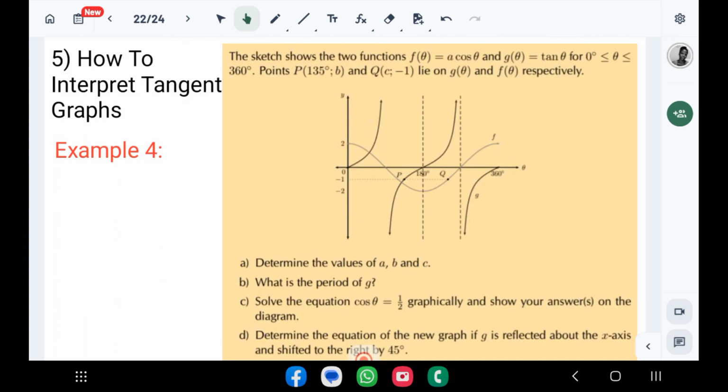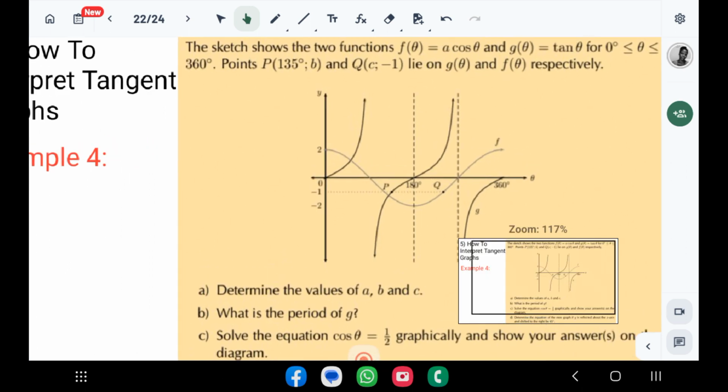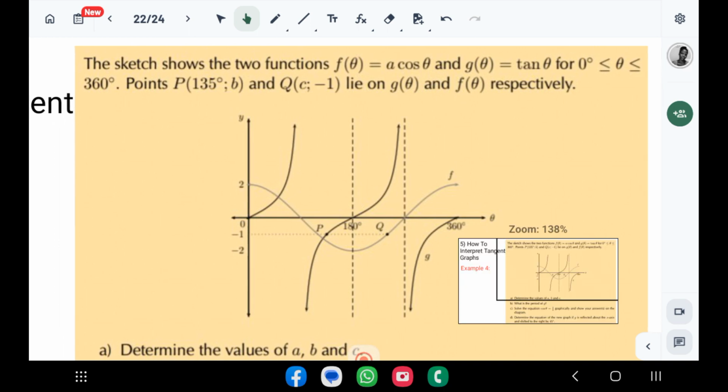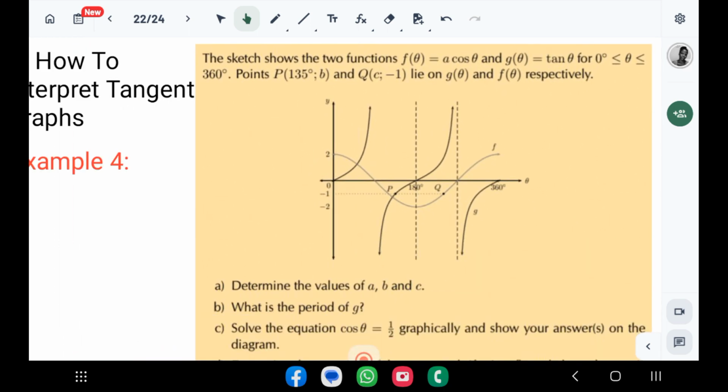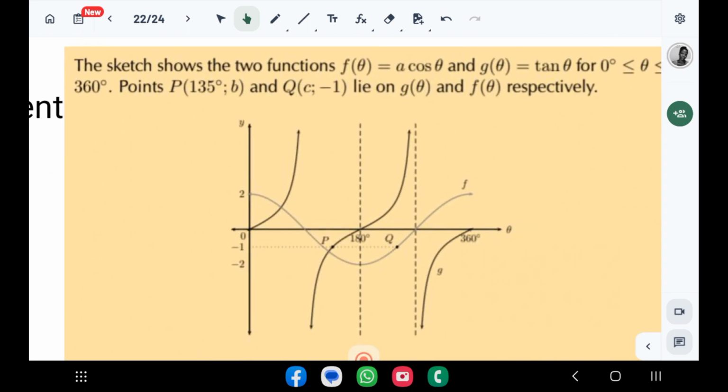Now for the last question, we'll look at number 5, how to interpret the tangent graphs. Example 4 goes, the sketch shows two functions, f of theta, let's zoom in, f of theta equals a cos theta and g of theta equals tan theta, for theta between 0 and 360 degrees.